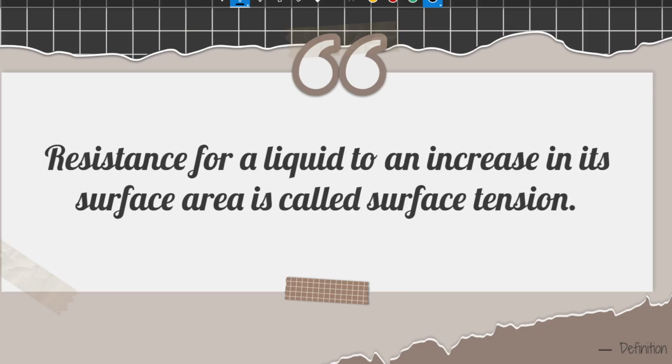So the resistance of a liquid to an increase in its surface area is called surface tension. Depending on what you're looking at, if you have a liquid that is a nonpolar molecule, there's going to be much more resistance, or surface tension, if you put that on a polar substance.